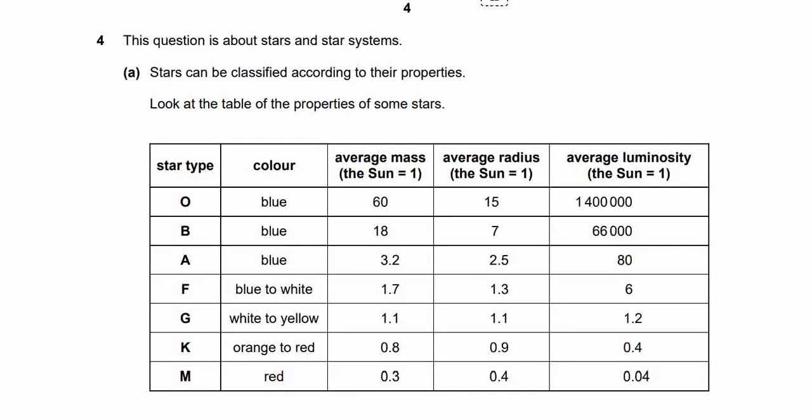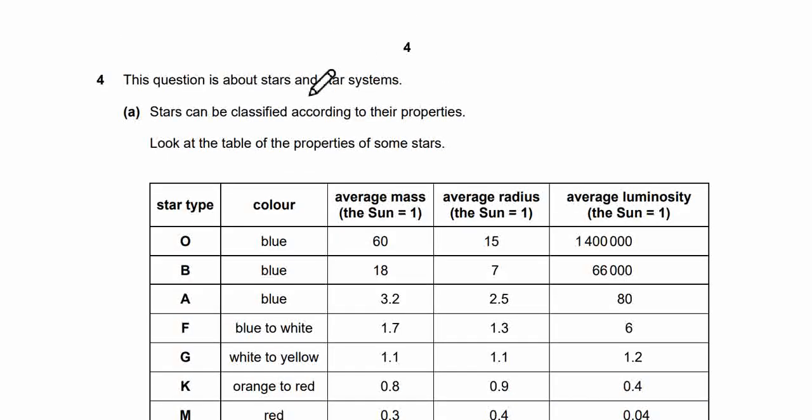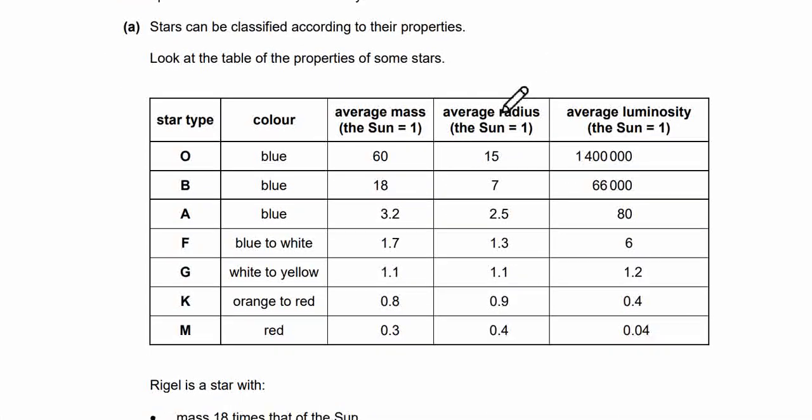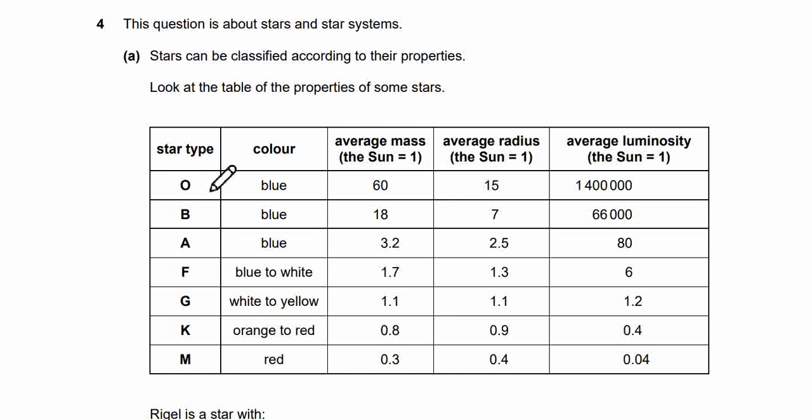Question 4. This question is about stars and star systems. Stars can be classified according to their properties. Look at the table of the properties of some stars. Different types of star: A, B, O, F, G, K, M, and their respective color, average mass compared to the Sun, average radius compared to the Sun, and average luminosity compared to the Sun.